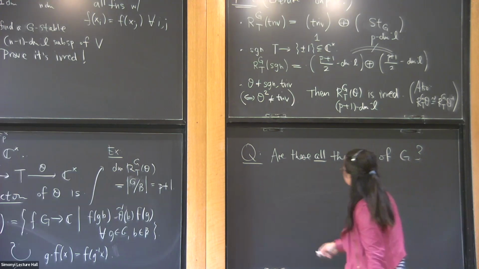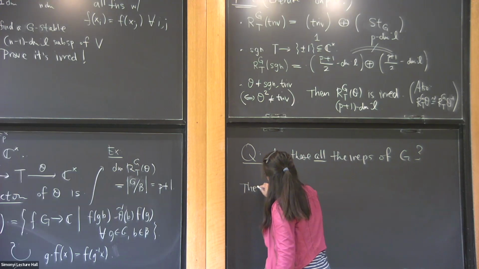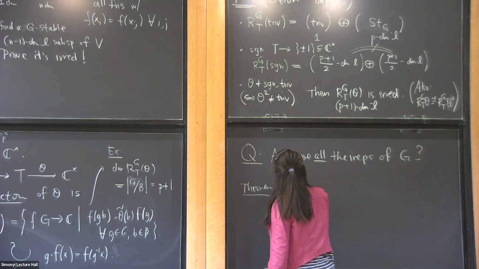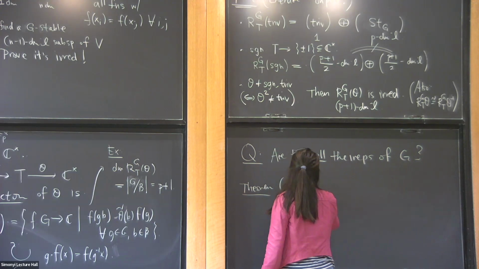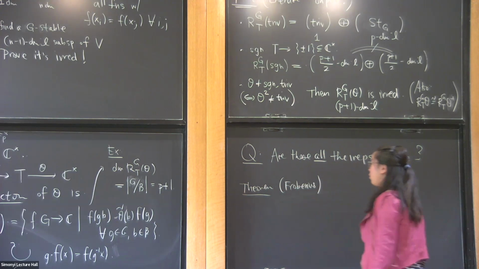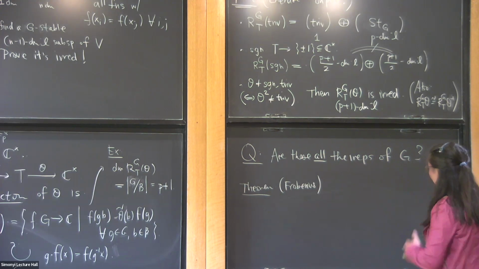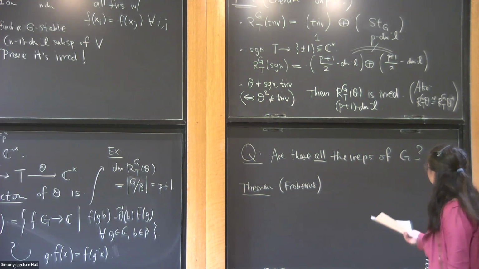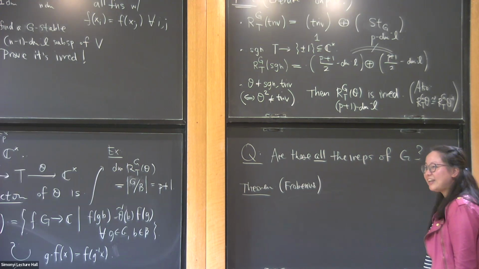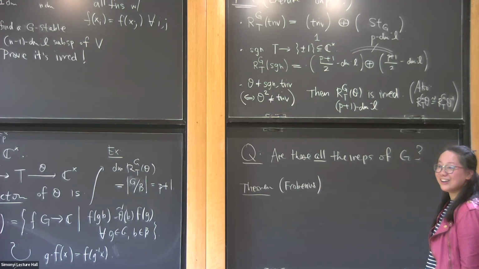Okay, so let me tell you a theorem of Frobenius from probably more than a century ago. I learned while preparing for this on Wikipedia that Frobenius was born in 1849 in a place called Charlottenburg.